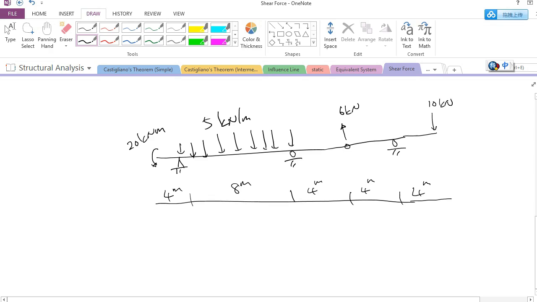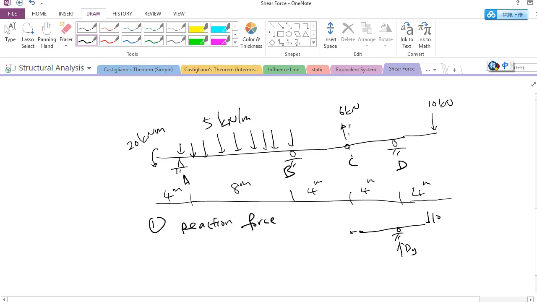Alright, before we draw the shear force diagram, the first step we need to do is to find the reaction forces. Let's say this is called A, B, C, D. If I cut this point, from the equilibrium of this part, this is 10, this is a hinge, right?